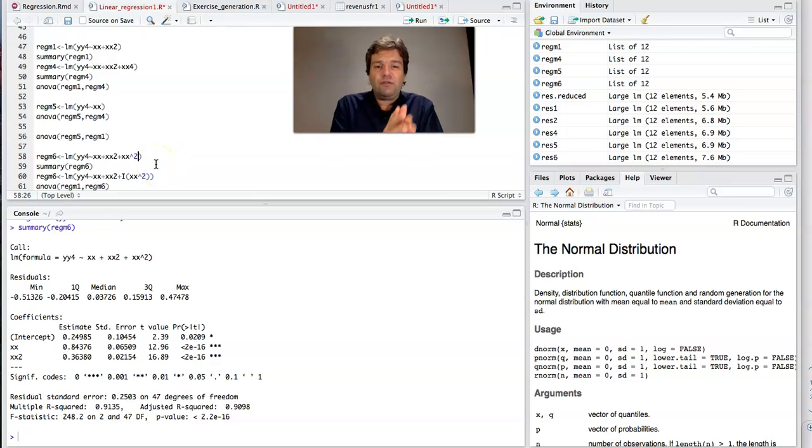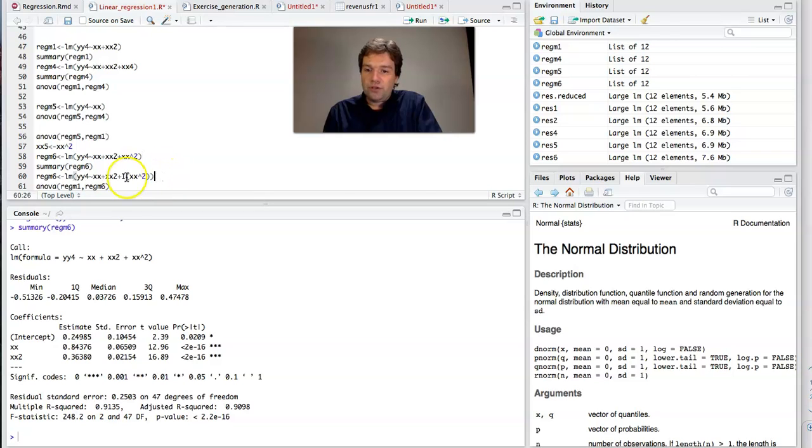If you absolutely want to insert this x up to the square in the model, you have to define another variable. You should say, for example, xx5, another covariate, and you could write something like that: xx5 would be xx up to the power 2. In this case, you can insert xx5 inside the formula as an argument for this LM function.